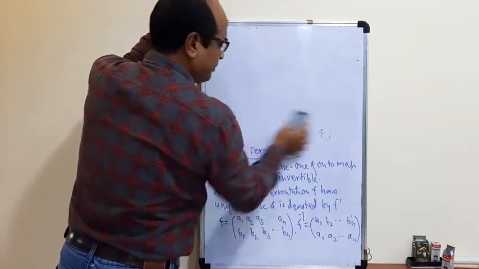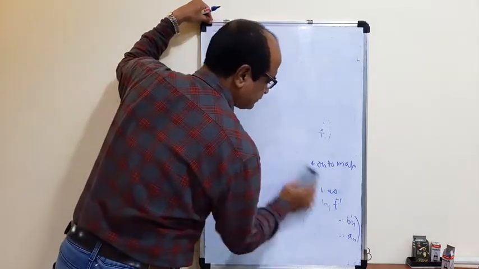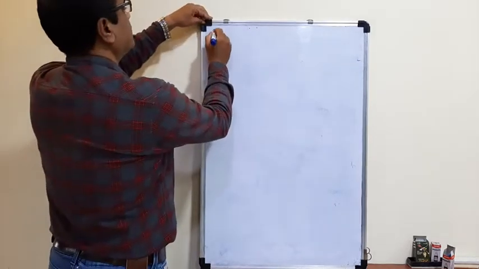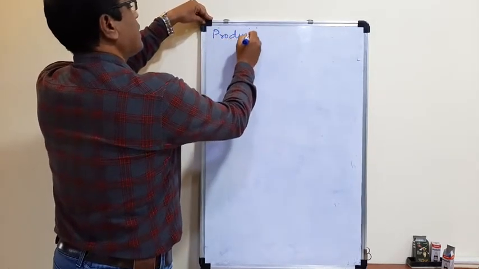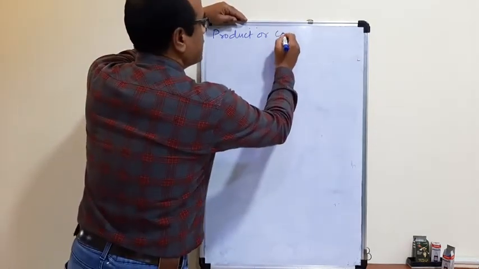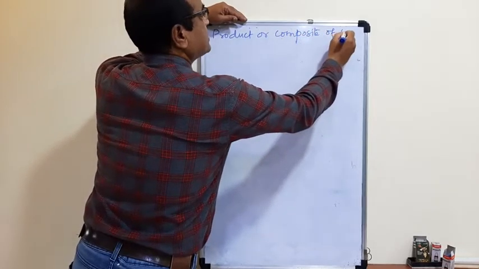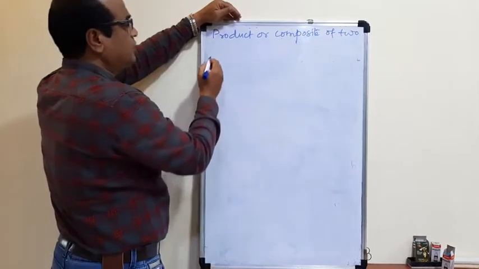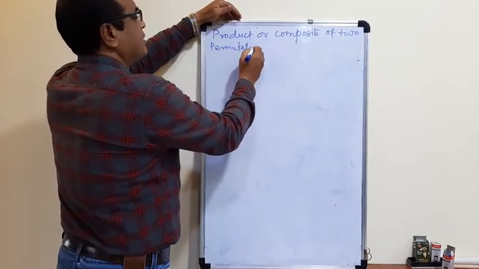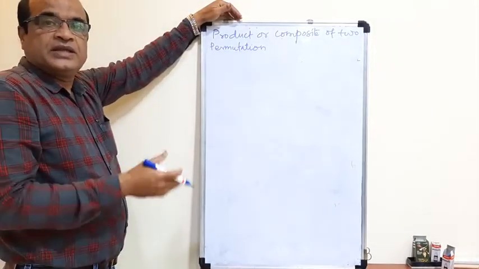The definitions are very simple. Product or composite of two permutations: F and G are two permutations.